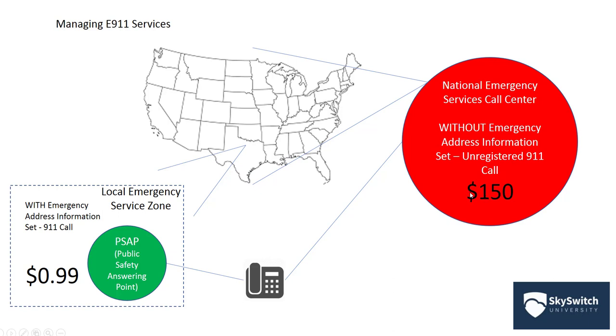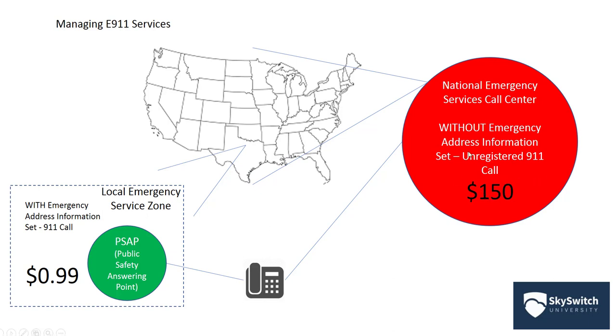And that call is going to cost the reseller $150. It's not only important to the customer and the potential emergency that they're having, but it's also important to you because of the cost. There's going to be a $150 charge.